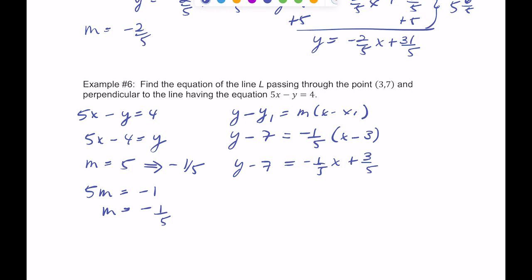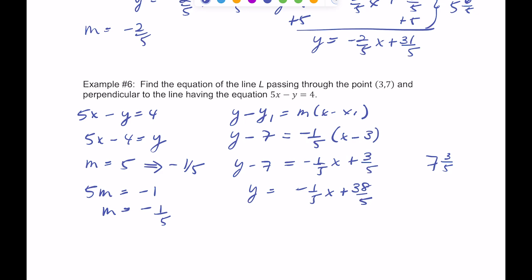And then I'm going to add 7 to both sides. And when I add 7 to 3/5, remember it's just 7 3/5, which again, I'm going to change to an improper fraction. 5 times 7 is 35, plus 3 is 38. So it's 38/5 would be my y-intercept.